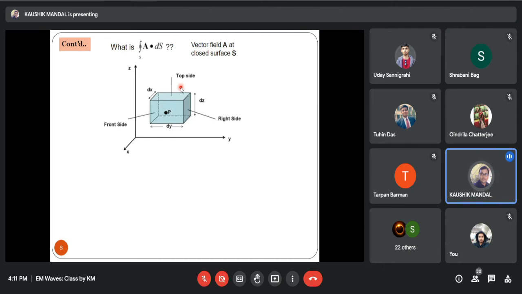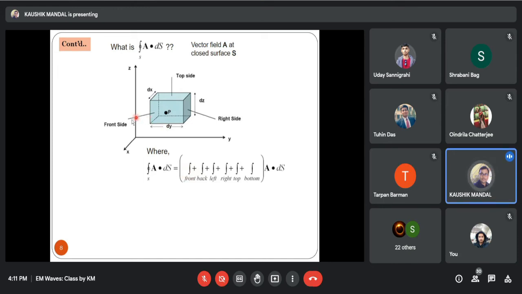So out of these 6 surfaces, there are basically 3 distinct surfaces, and the other 3 are replicas of the previous ones. To find this A dot ds, we need to apply the surface integral over each and every surface.